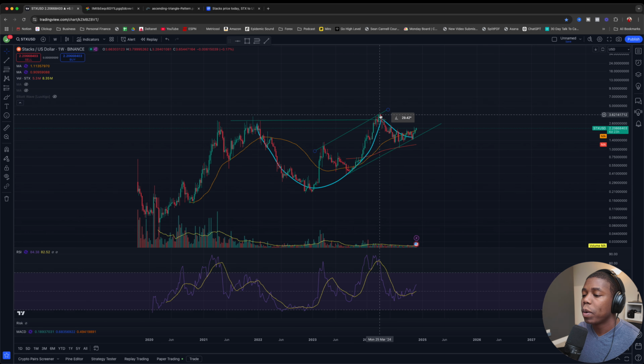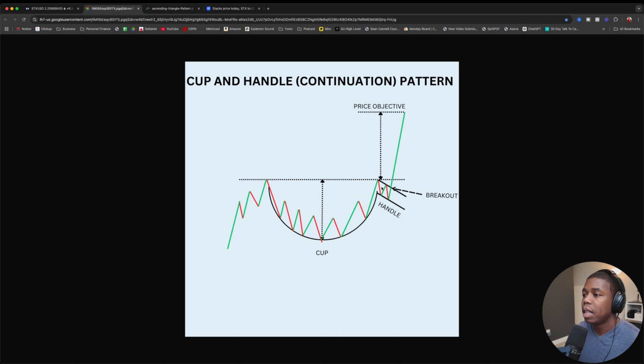Now, where we have been over the past few months, I'm identifying as the handle part of the pattern right here, this small pullback that is right before we should see a big move to the upside.